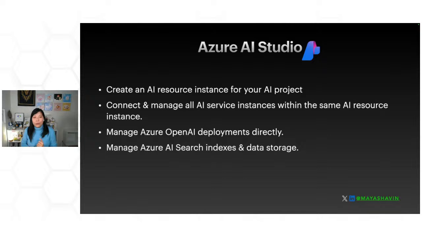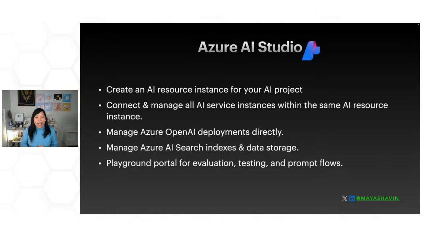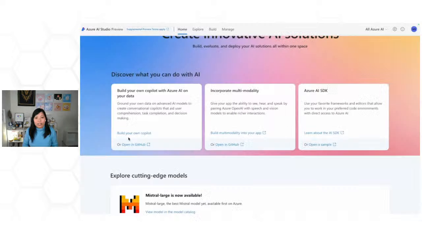You can also manage your indexes and your data storage, where you can upload your data and see everything encapsulated and grounded to a specific AI project, instead of every single service like in the Azure portal. And lastly, it also provides the playground portal for evaluation, testing, and flow control.